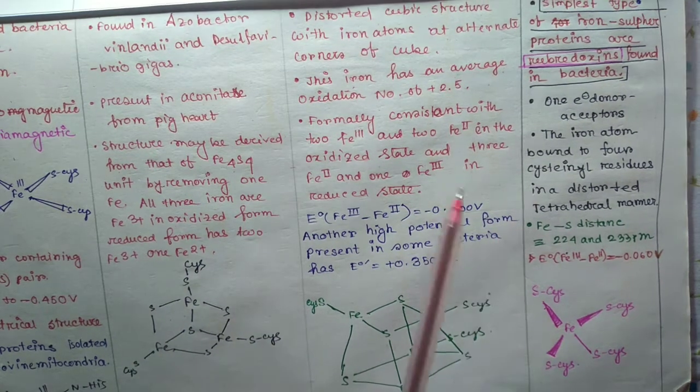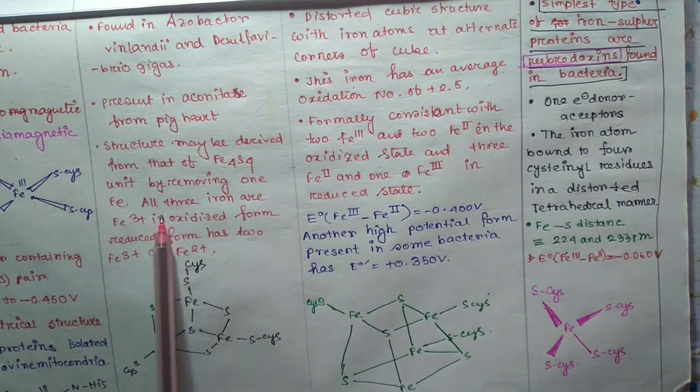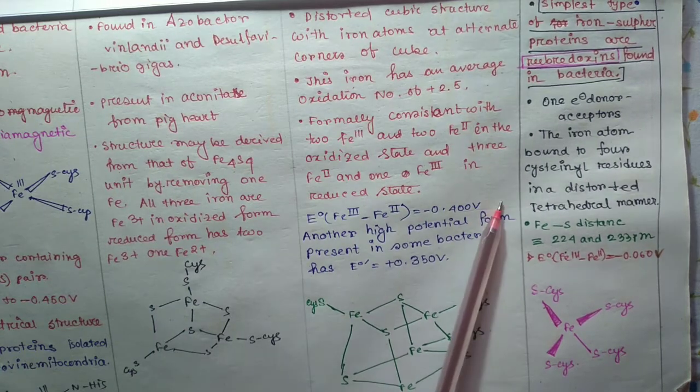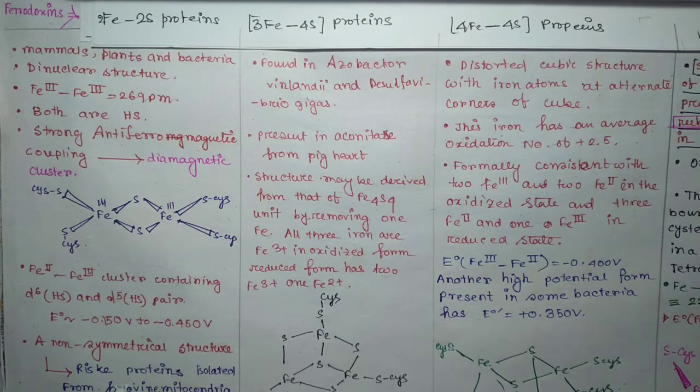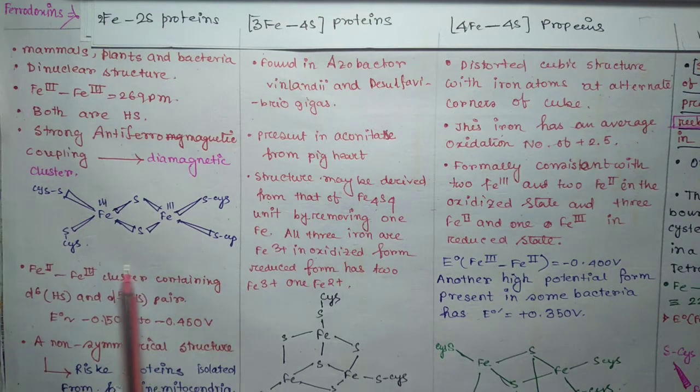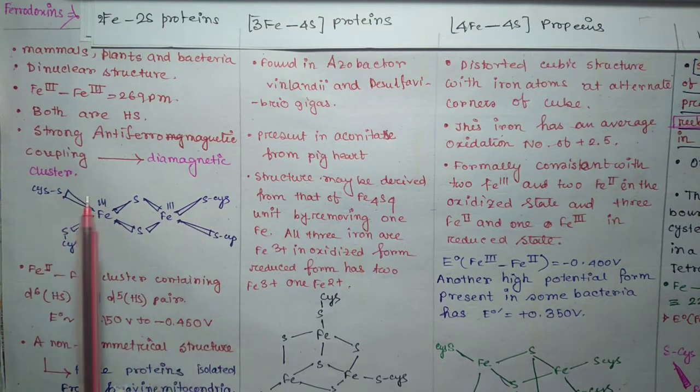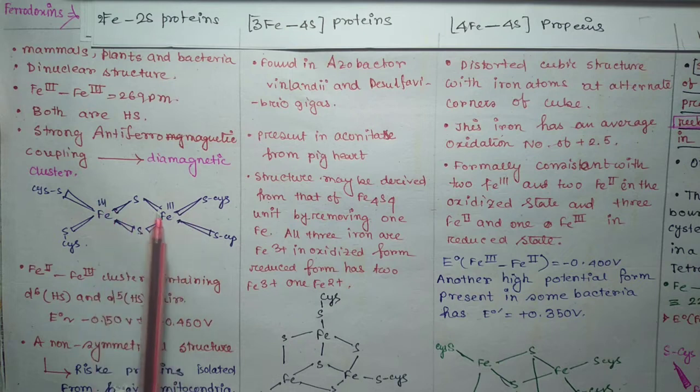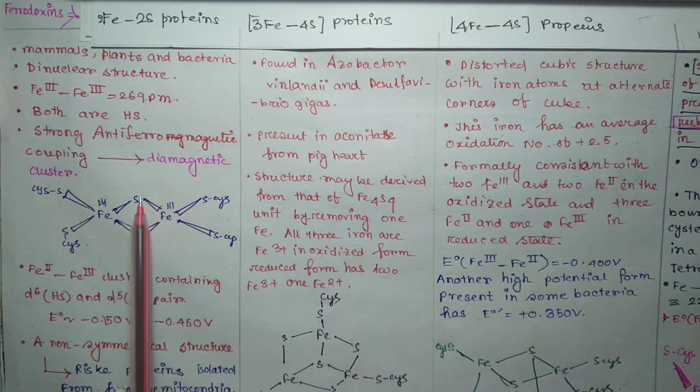Now I'm going to the next part, that is the ferredoxins. There are three types of ferredoxins: 2 iron and 2 sulfur proteins, 3 iron and 4 sulfur proteins, and 4 iron and 4 sulfur proteins. The first one, the 2 iron and 2 sulfur protein, is isolated from mammals, plants and bacteria, and it has a dinuclear structure where 2 tetrahedra share a common edge containing inorganic sulfur atoms.